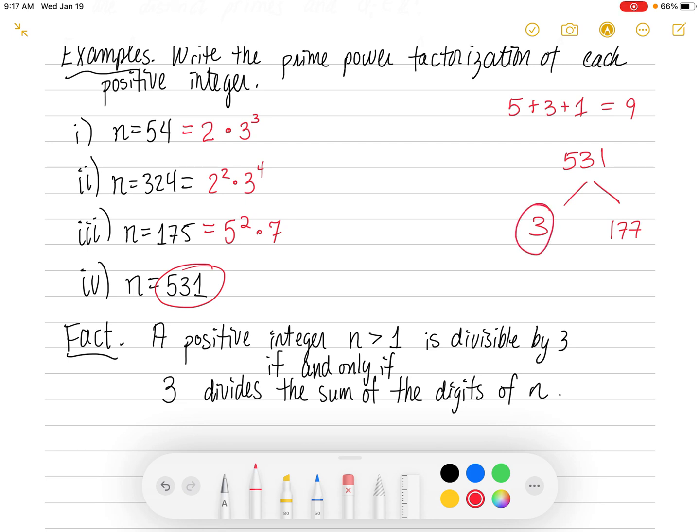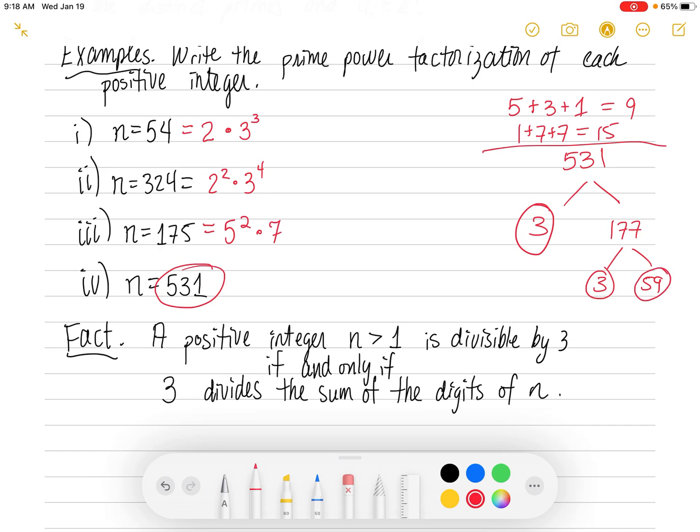We know 3 is prime. Now, how about 177? Well, 1 plus 7 plus 7, that's 15. 3 divides 15. So 177 is divisible by 3. So I'm going to do a factor of 3. What's 177 divided by 3? It's going to be 59. And 59 is a prime.